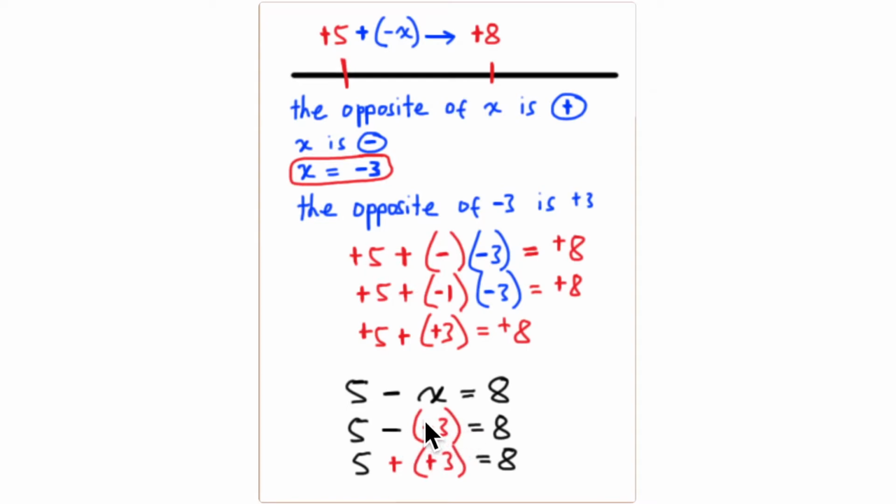What's the additive inverse of a negative 3? It is positive 3. So 5 plus a positive 3 equals 8. This is a lot, and just lots of little details to think about. I would listen to the video a number of times and talk through it with somebody and see if you can develop your own understanding of what's going on.